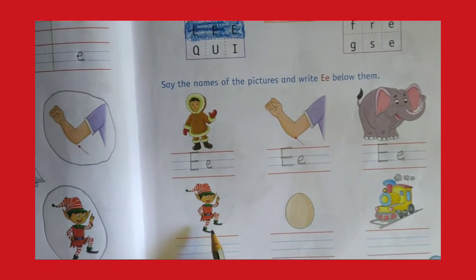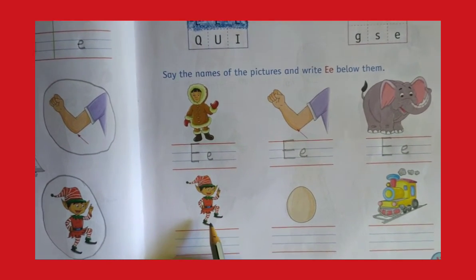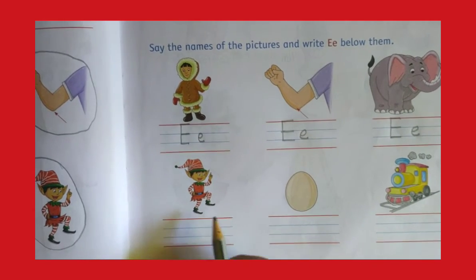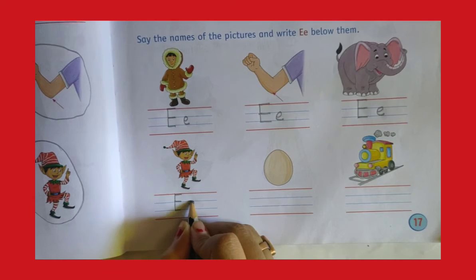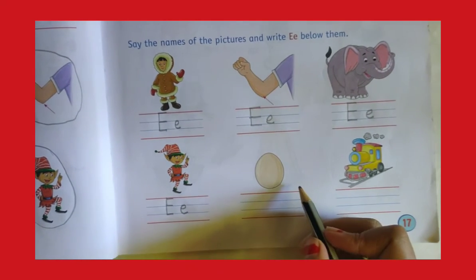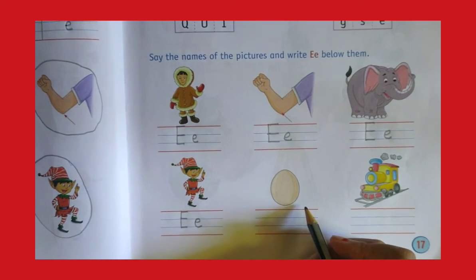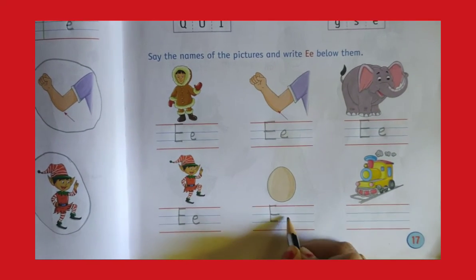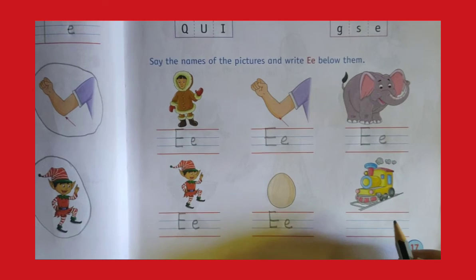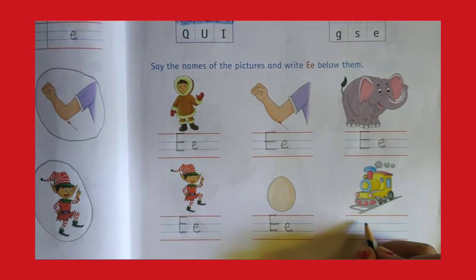Next picture. What is the name of this picture? Elf. A capital E and a small e. Next picture. What is this? Egg. Capital E and a small e. And last picture, the name of this picture is engine.